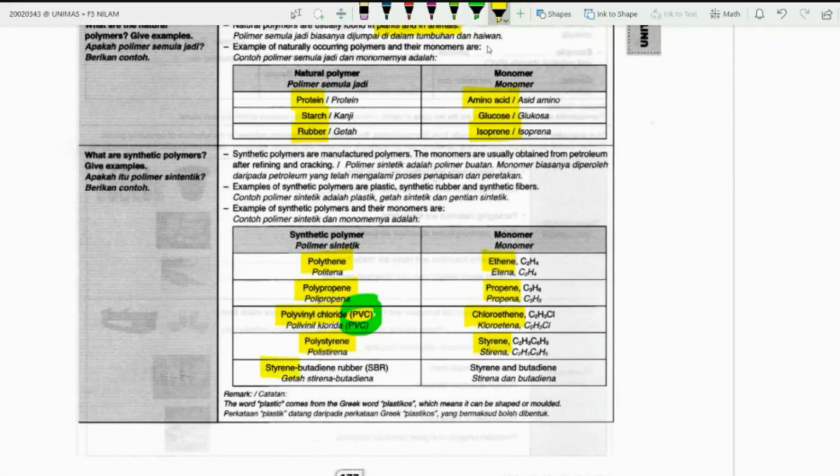Then styrene butadiene rubber, SBR, from styrene and butadiene. Class, do you know where you see this? Anybody have you seen this SBR? Tires, yes, very good. During F1 racing, you see this word, right? SBR. Okay, very good.